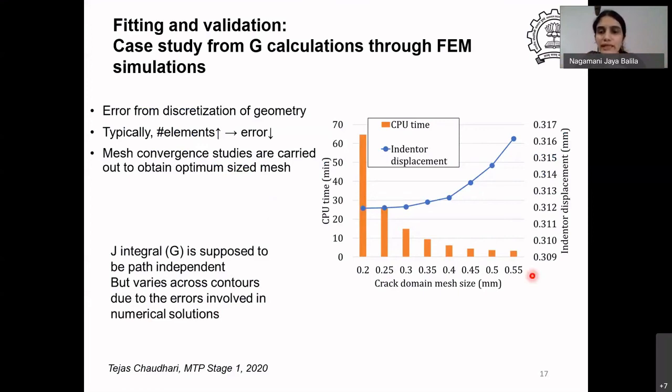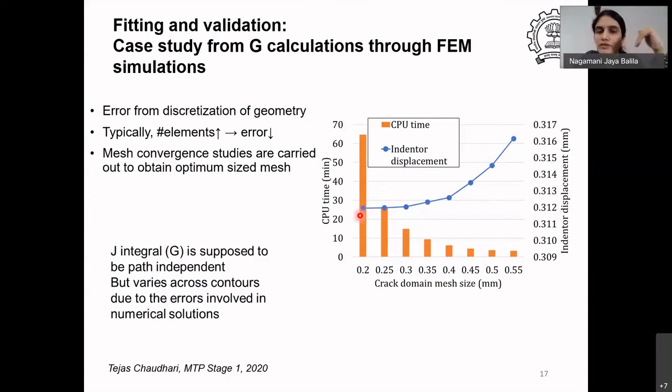If you go on decreasing the element size, or what here is called the mesh size, you see that the measured data, which is the displacement, is changing at first. So there is no convergence achieved at the larger mesh sizes. But when you go to smaller mesh sizes, you see that this measured value stabilizes.